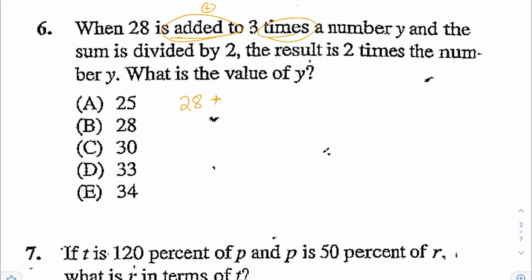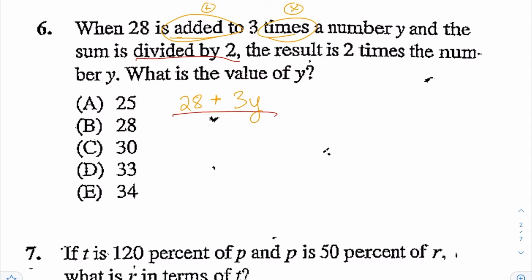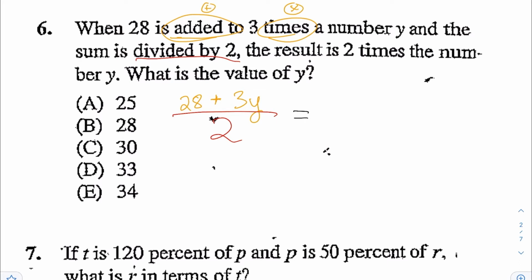And of course, times means multiply. And now the sum is divided by 2. So when you divide this whole thing by 2, that's going to be equal to, means equals, 2 times the number y. Again, times is multiply. So your equation is 28 plus 3y divided by 2 is equal to 2y.